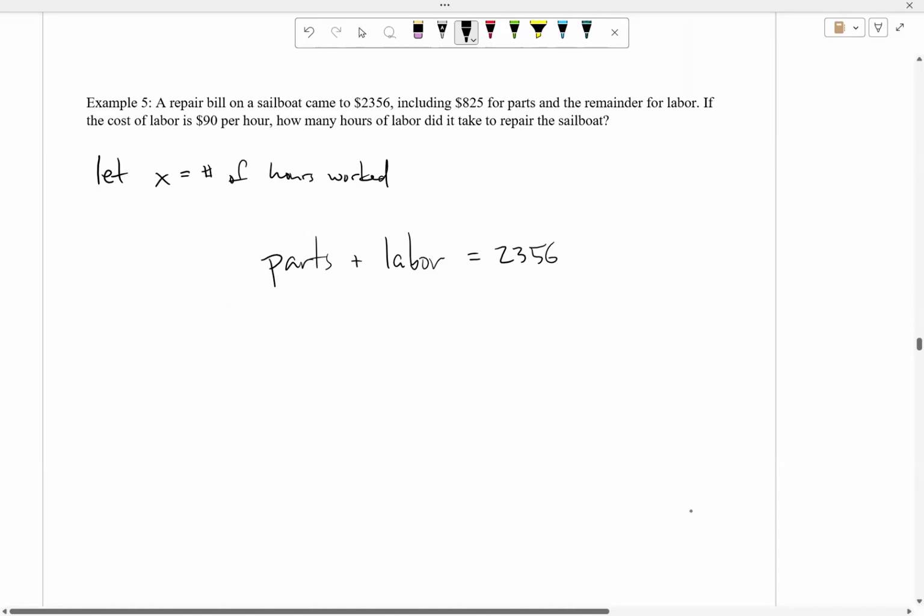What are they paying for? Parts and labor. But then it says $825 for parts. So the parts cost $825, is that right? Yeah, but the remainder is for labor, which means we need an expression for labor. Now, we know labor costs $90 an hour, so how can I write an expression algebraically?